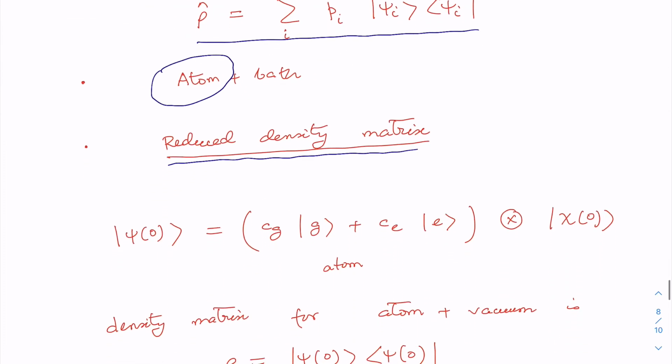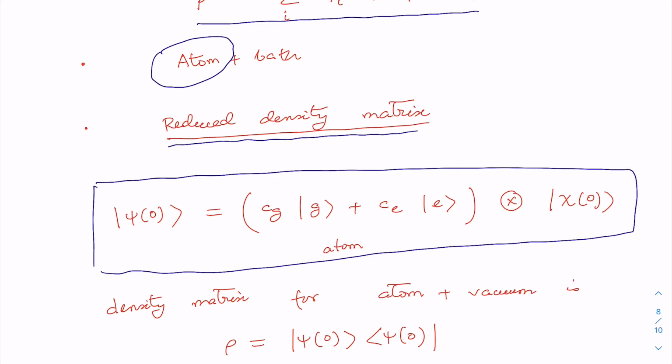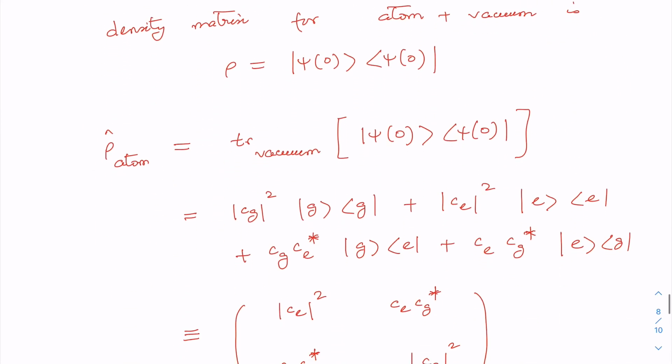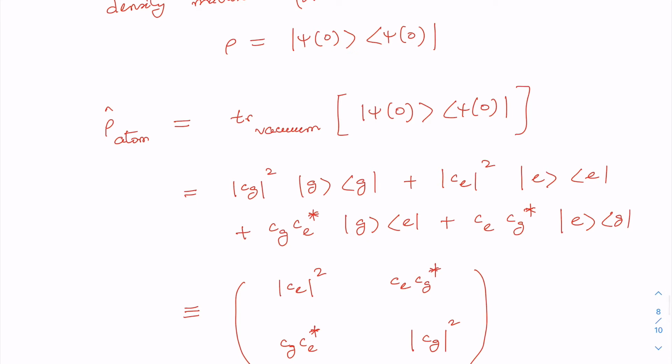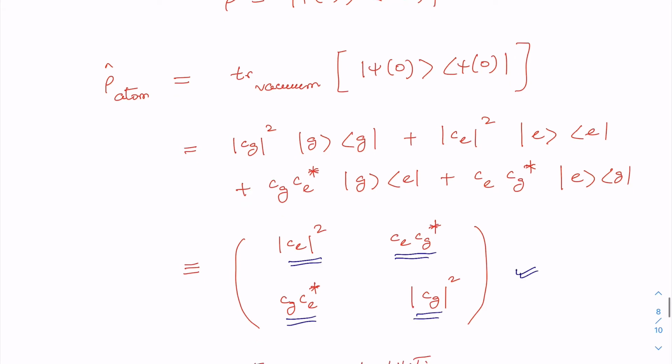We revised how, starting with the atom in a superposition state and the bath in vacuum, we get the density operator for the atom only. We get this density matrix for the atomic state, where the off-diagonal elements contain the information about the phases, while the diagonal elements contain the information about the probabilities.